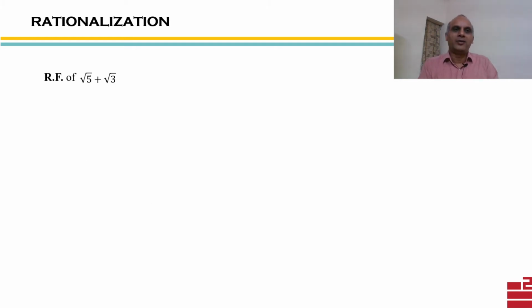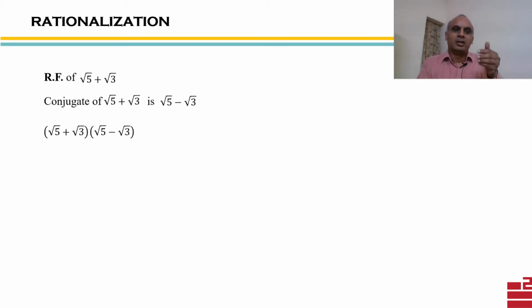RF of such numbers where we have a sum of two surds, so RF of root 5 plus root 3. How do we obtain it? Now these are known as binomial surds. How do we rationalize these numbers? We realize that the conjugate of root 5 plus root 3 is nothing but root 5 minus root 3. That means the middle sign is changed from plus to minus.